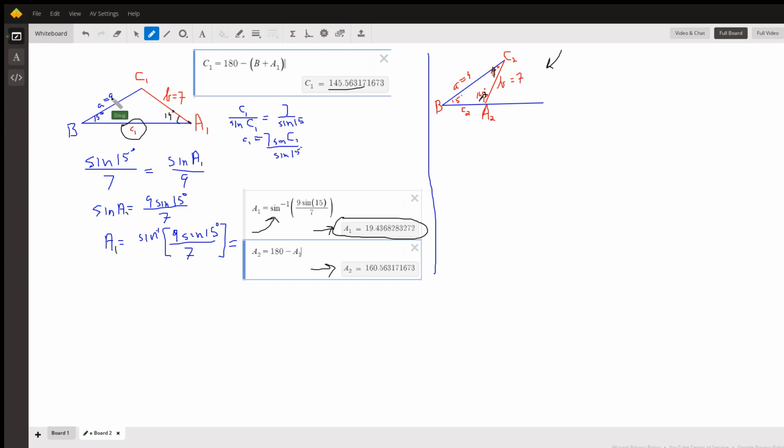Or you could also say as 9 is to the sine of A sub 1. I'll leave that to you to calculate, and I'll leave it to you to figure out what the missing side in the second triangle is.